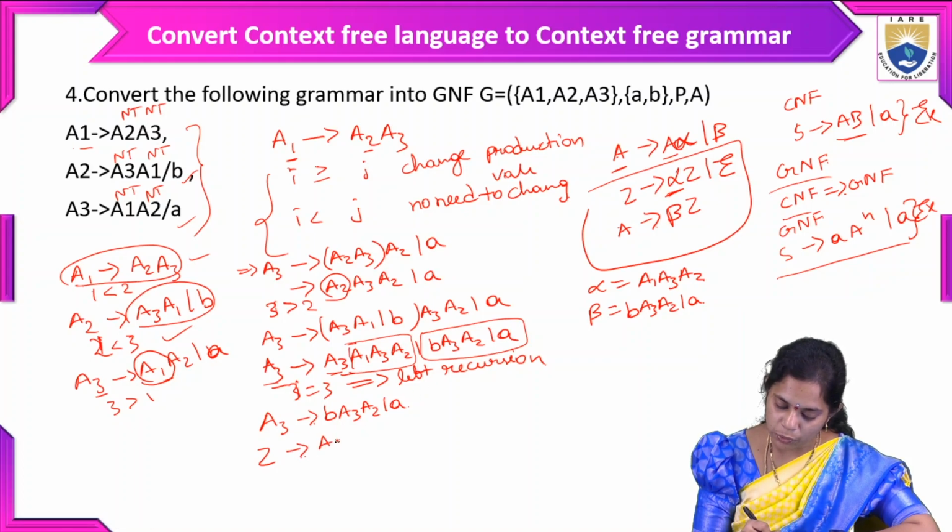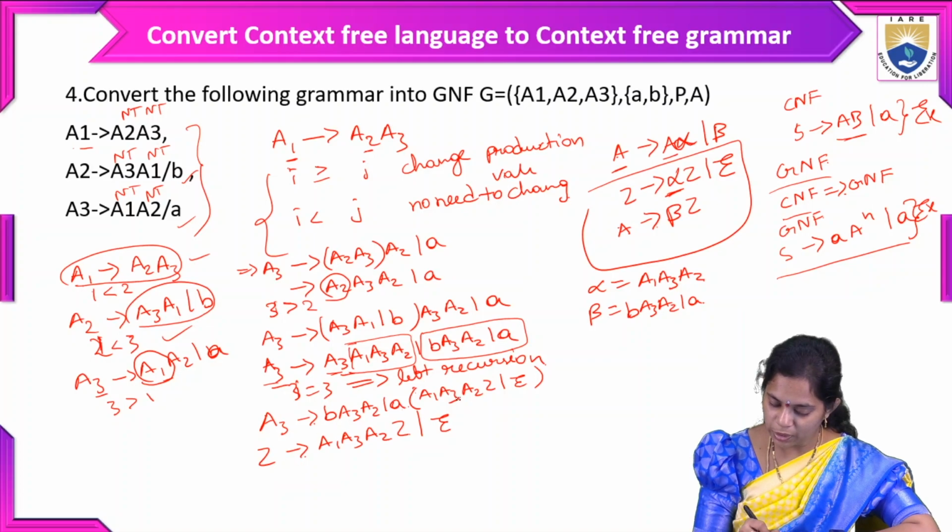So alpha is equal to A1, A3, A2 and Z. So Z we need to introduce, and epsilon. And here we need to write this equation A, Z. So A with the Z value, what is the Z? A1, A3, A2, Z, epsilon.